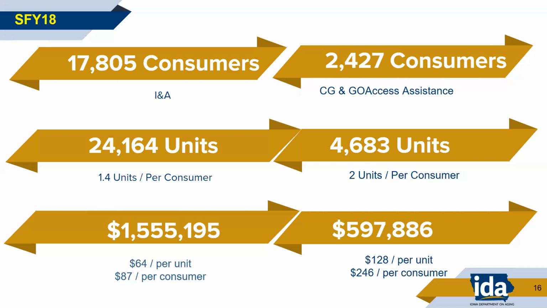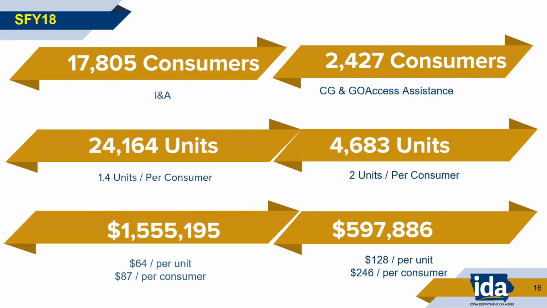The agent network spent $1,555,195 on service consumer assistance. That equals $64 of expenditure per unit or per contact, and roughly $87 per consumer served.